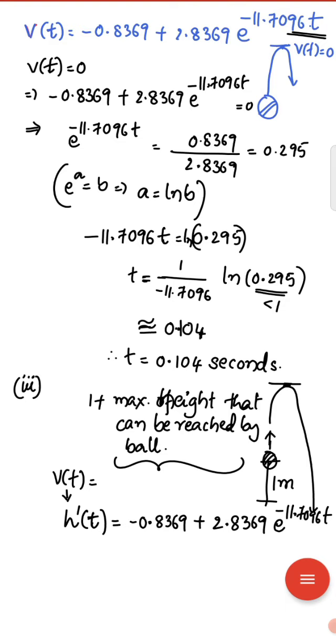Now we know what this one is. This is also a linear first order differential equation.